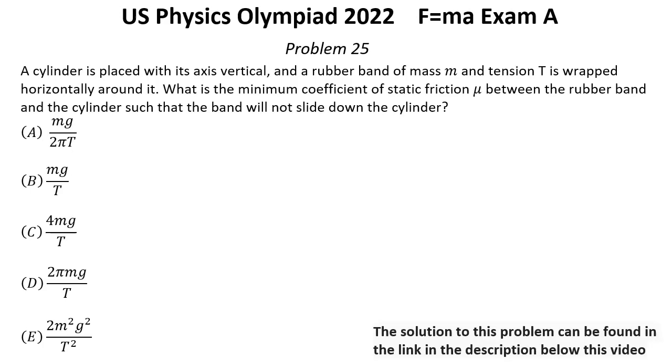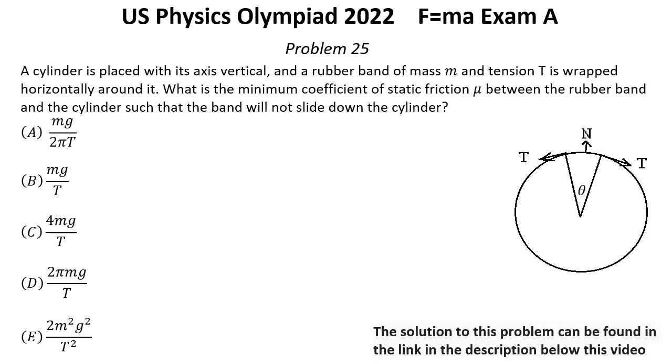Let's consider a small piece of the rubber band in this picture. Suppose it spans a small angle theta, and we can write the equation for horizontal equilibrium of this piece.